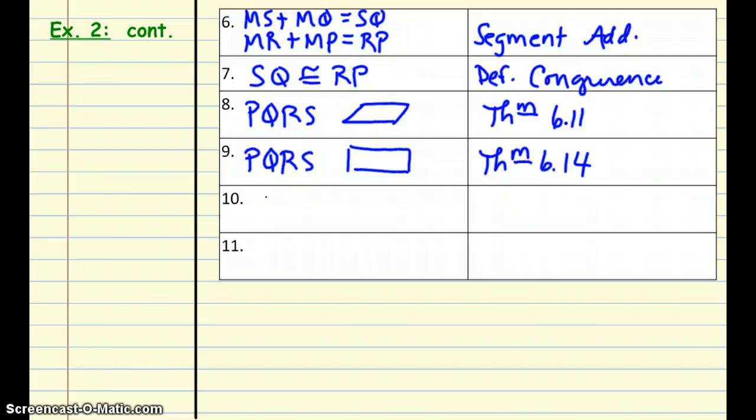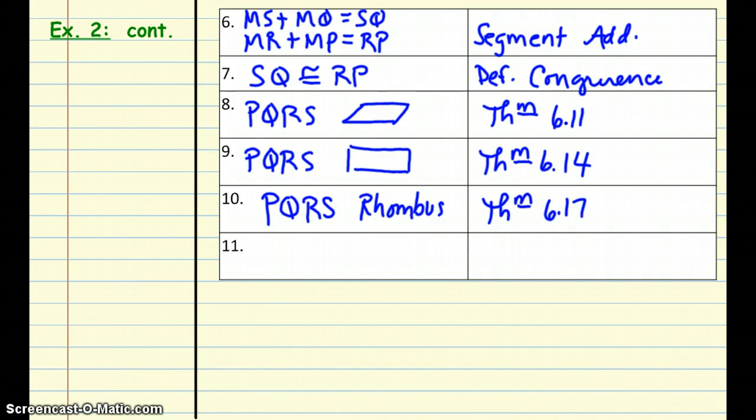So then in 10, we can say PQRS is a rhombus, and that's because of theorem 6.17, which says if diagonals are perpendicular, then we know it's a rhombus.